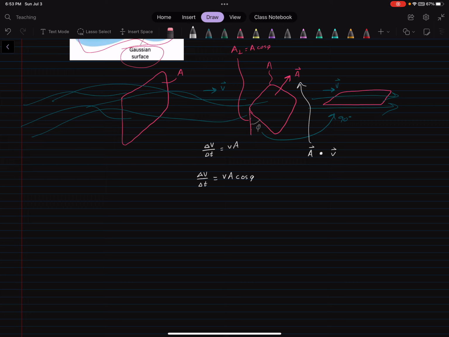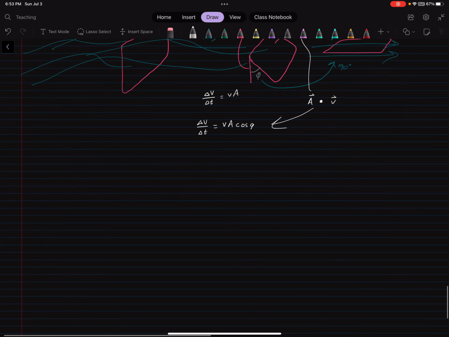And if that angle is 90 degrees and they're perpendicular to each other, then you get 0. So that's exactly the relationship we want here. So in its most general form, the flow rate per time, the flux, is given by V dot A. This isn't just multiplied, it's vector multiplication, the dot product.